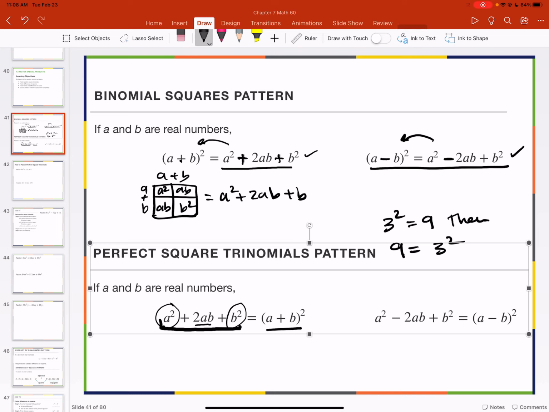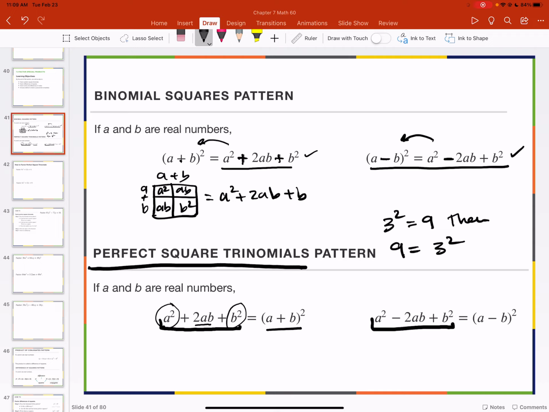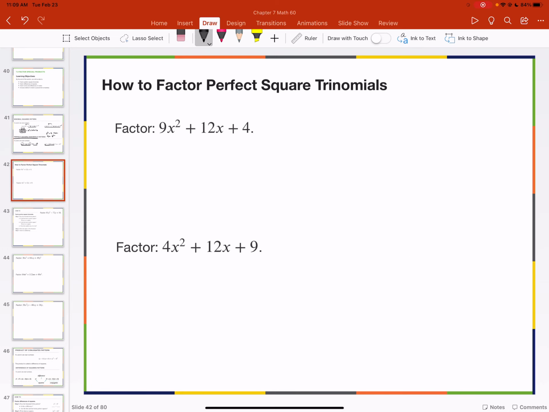That's the same thing here. So the idea of this section is to be able to look at trinomials and identify perfect square trinomials, okay? They're called that because they factor into a binomial that is squared.